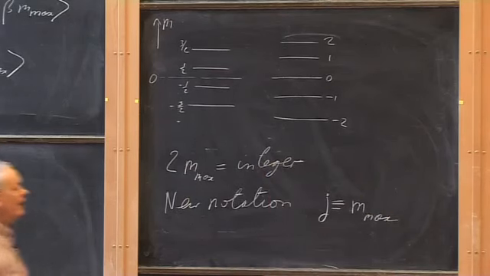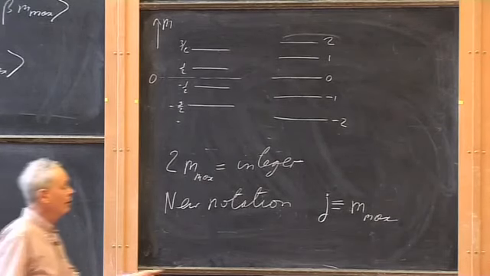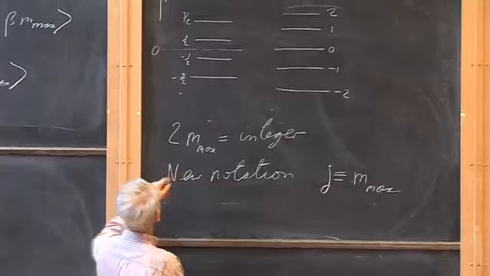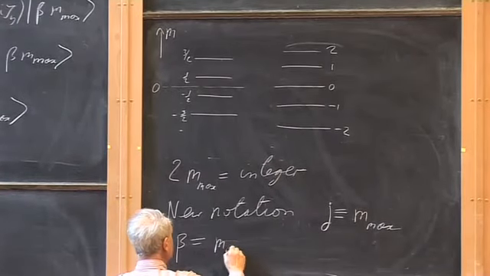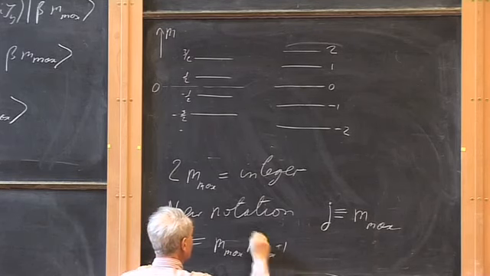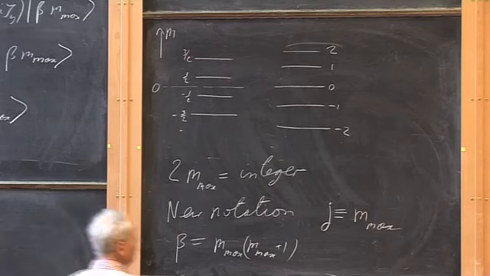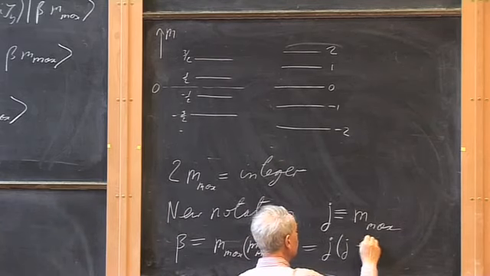The biggest value of m is called j, little j. And what have we got? We've got that beta is equal to m max plus 1, that's on the board just here, is therefore equal to j plus 1.